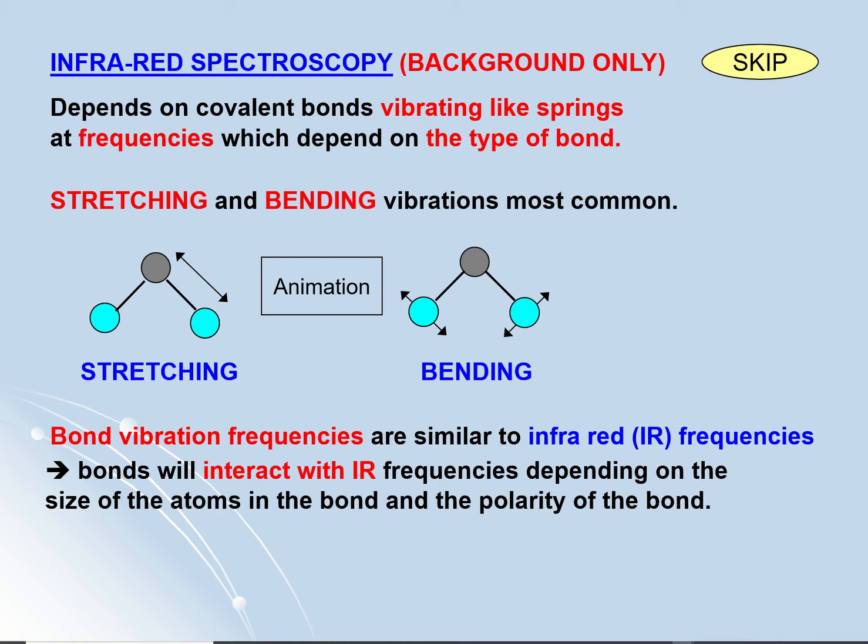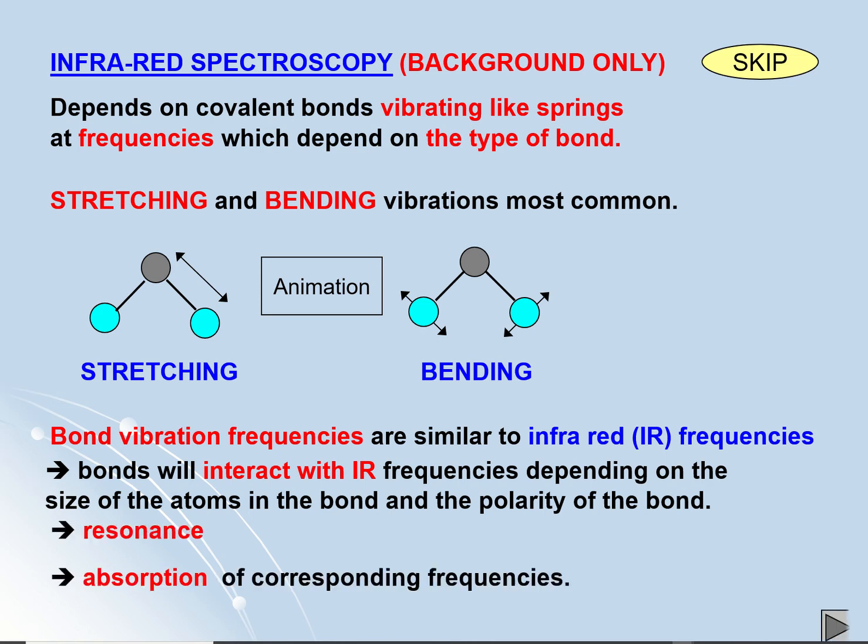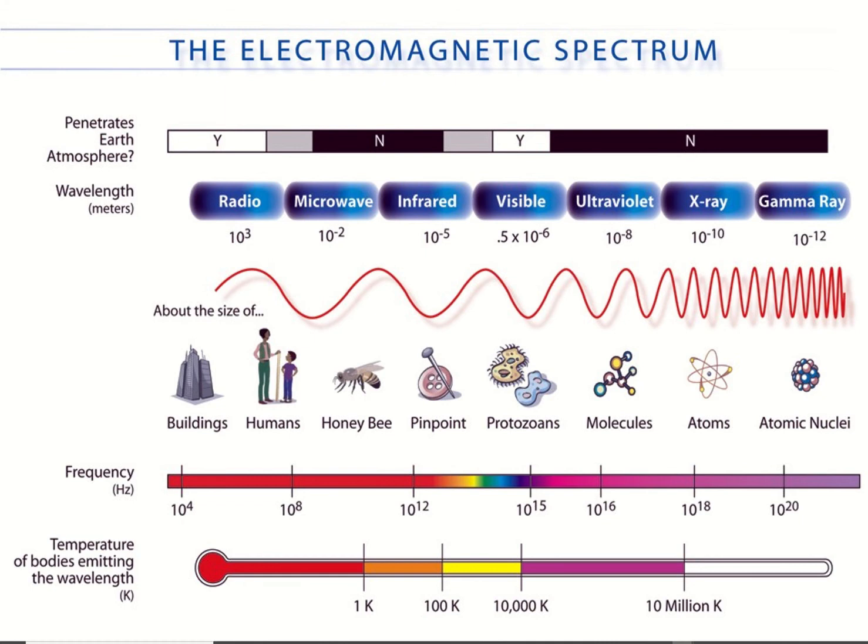And when they interact with the bonds, they will interact differently depending on the bonds that I have there. So if we look at infrared radiation in terms of the electromagnetic spectrum and wavelength, it lies between our microwaves and our visible radiation. So it's pretty small wavelength radiation here.